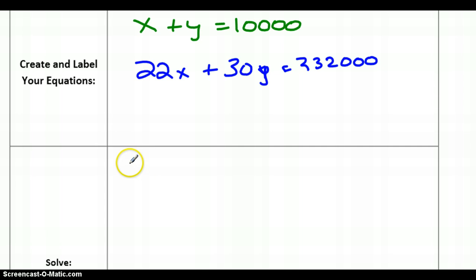So I'm going to take my top equation and multiply it by, my choices are negative 22 to get rid of the X or negative 30 to get rid of the Y. I'll just pick negative 22. I like to go with a smaller number. Doesn't matter though. And I'm making sure I do that on both sides.